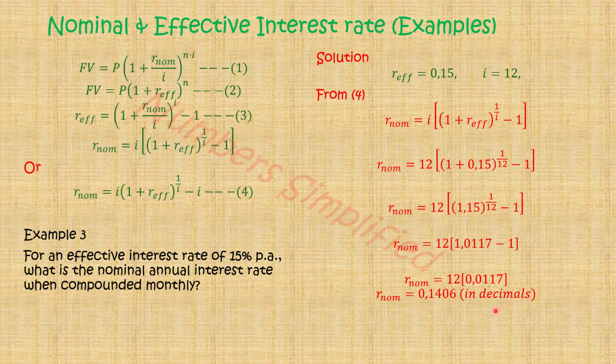So if that is in decimals, this implies that as a percentage, we are going to get 14.06%. And note, this nominal interest rate is lower than the effective interest rate, and that is what is expected within a year. So that is the difference that we would have, and that is what we would sort of expect. So this is the approach that we take at all times.